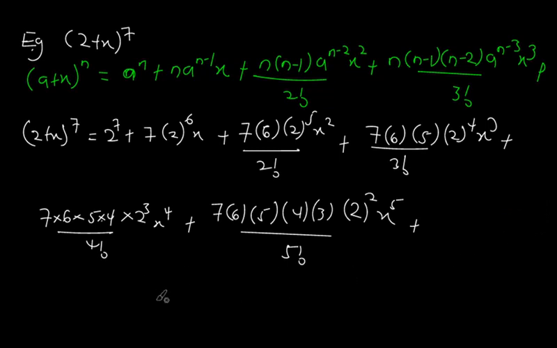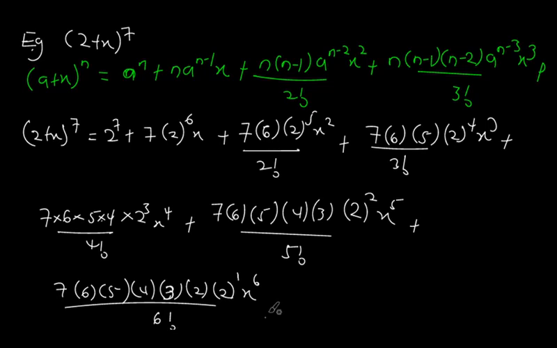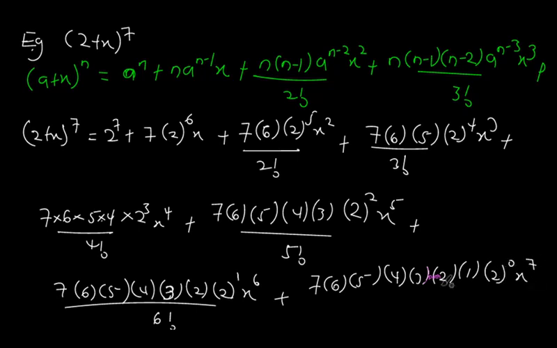So that expansion will be 7, 6, 5, 4, 3, 2, and then we have the 2 here to the power 1, then we have the x, the power will increase to 6, all divided by 6 factorial, then plus the last term for this, we have 7, 6, 5, 4, 3, 2, 1, then the 2 will now have power of 0, which is still 1, so 2 power 0, x power 7, all over 7 factorial.